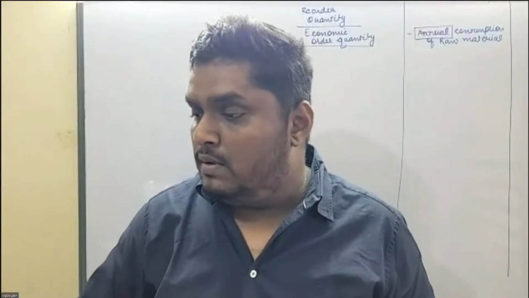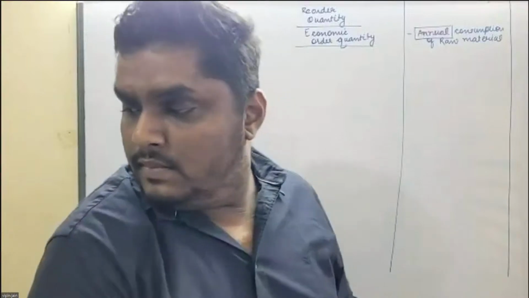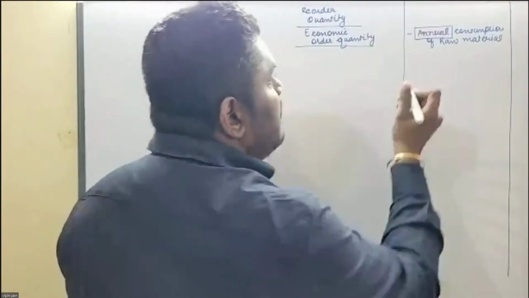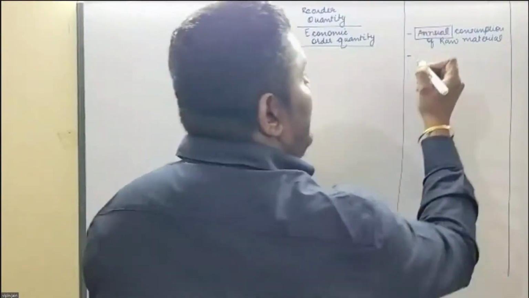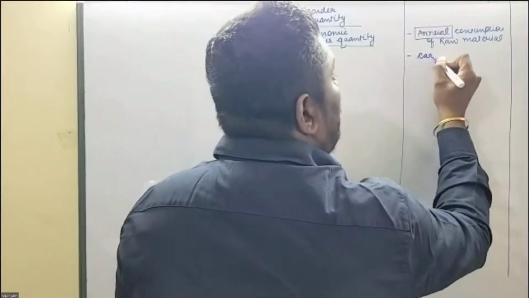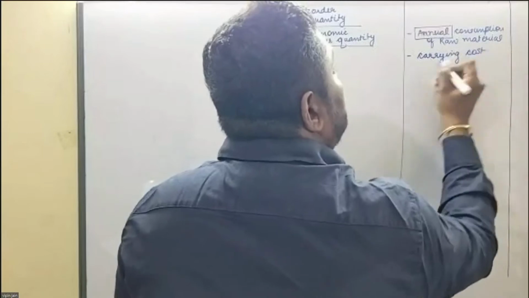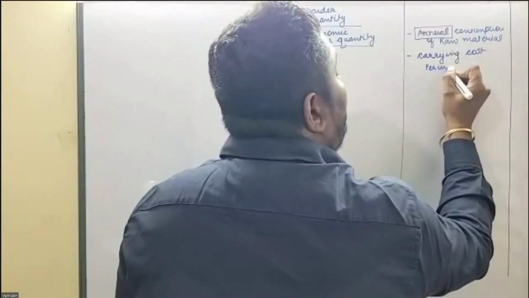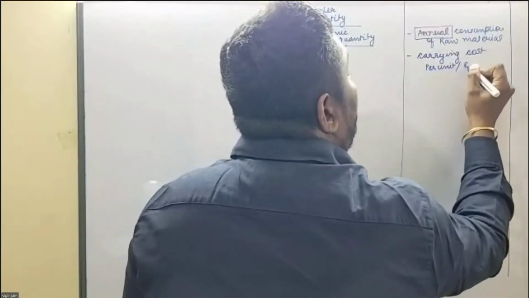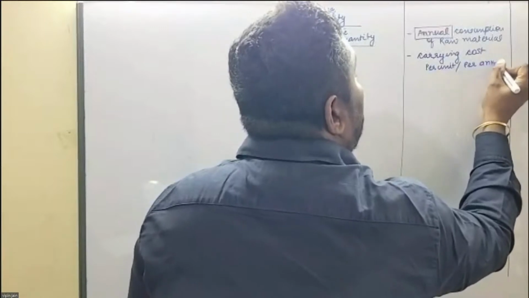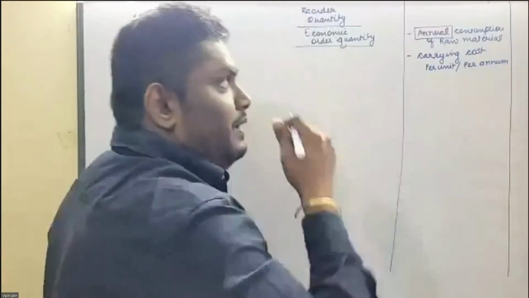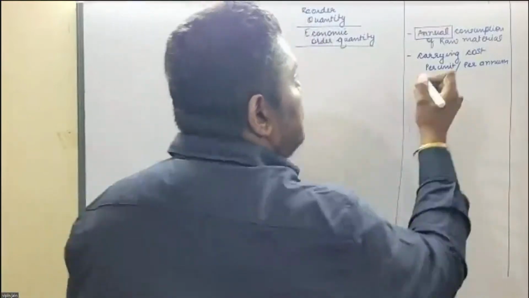Now, the next element that is required is what? Carrying cost per unit per annum. Second element जो आपको चाहिए for calculating EOQ, we do require carrying cost.